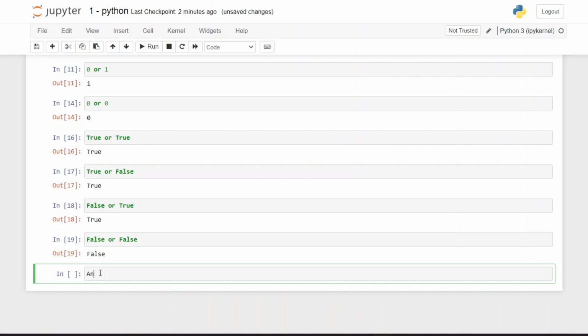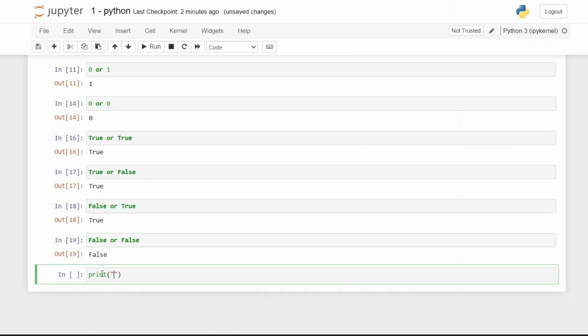And the other operators we are learning are arithmetic operators: minus, plus, multiply and so on. We start with addition. Print one, I'm making a string to make the concept clear.